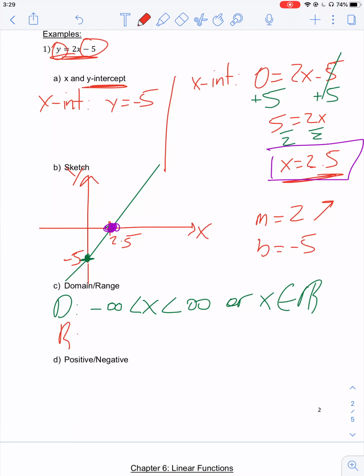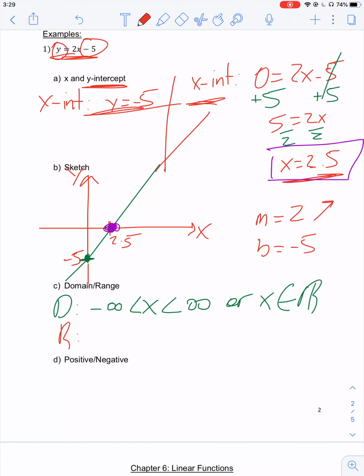It's the same thing for your range. When it comes to linear functions, this will basically always be your answer, which is why I gave you domain and range questions last week separately so that you can practice that. But again, when you're talking about your y values, there is no minimum y value because your function goes on forever and ever. And there is no maximum y value either, because your function goes on forever and ever.